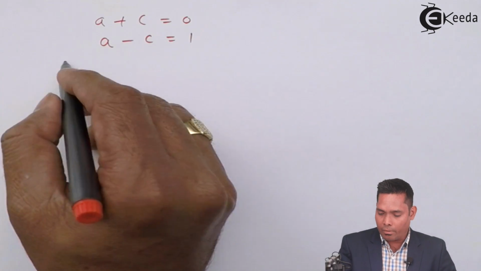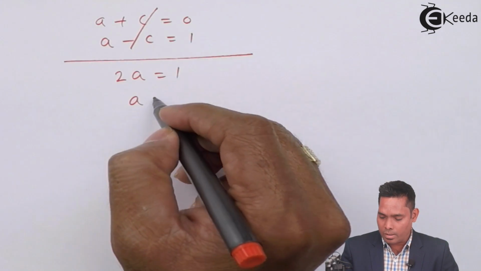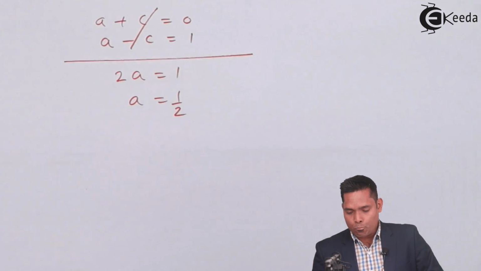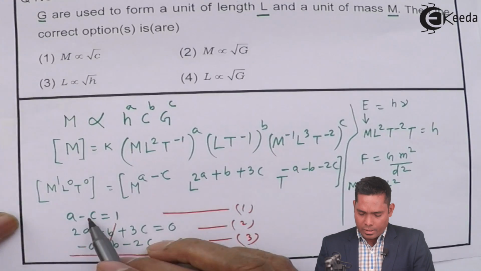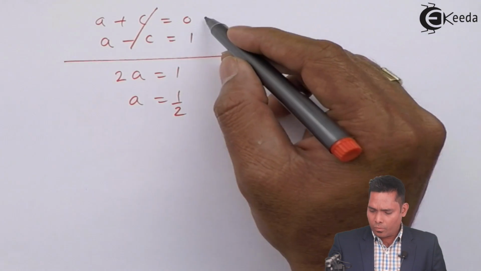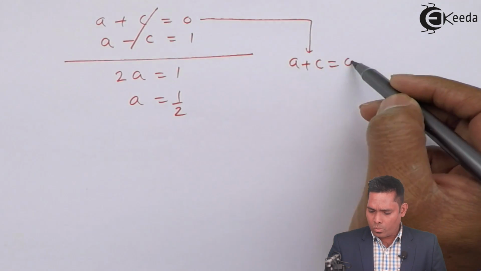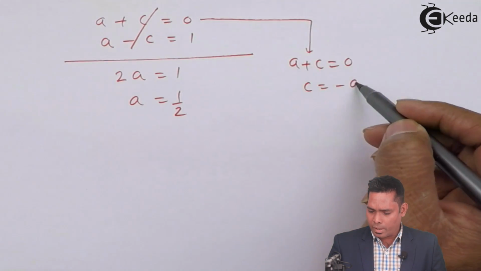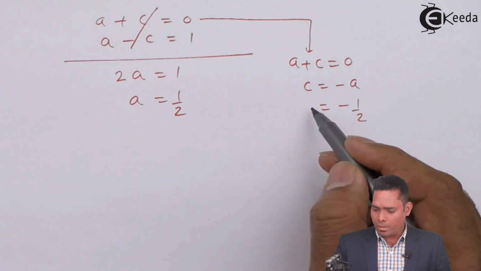So from here I get 2a is 1, so a is half. Then a plus c is 0, so c is minus a, that is minus half, because a is half.